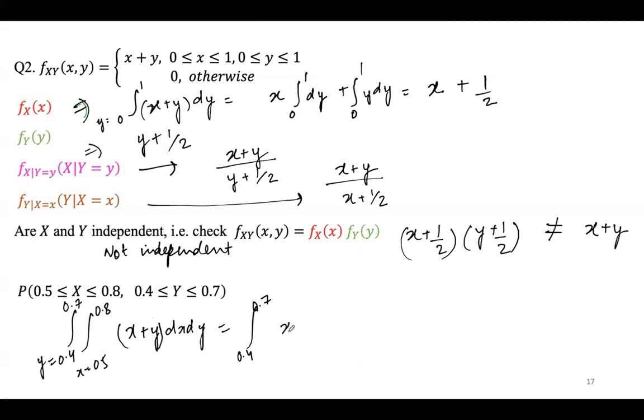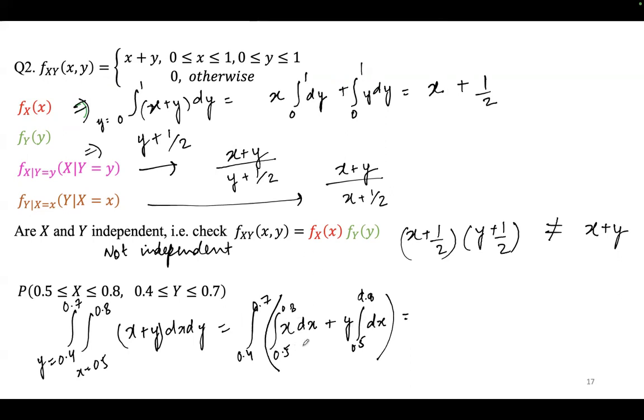You'll have the integral from 0.5 to 0.8 of x dx, plus y times the integral from 0.5 to 0.8 of dx, like this. So what I'm doing here is I'm just calculating dx for now, the inner integration, but for both the terms, for x and y. So x dx, and only dx with y as a constant outside.